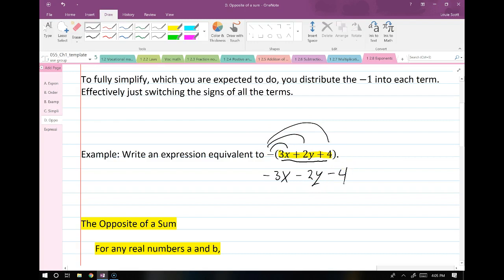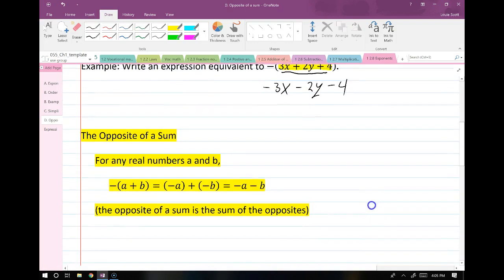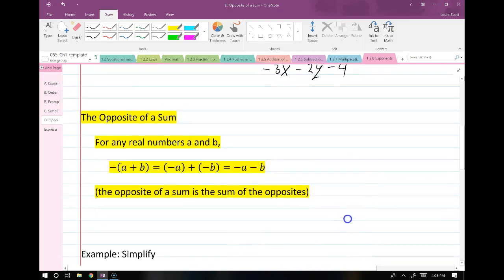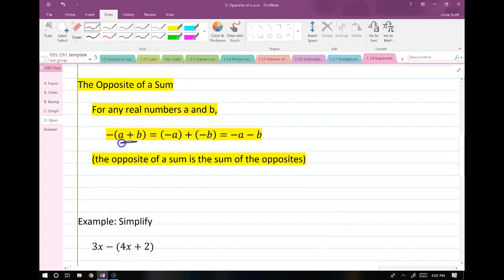Okay, so when you have a negative out in front of parentheses, change the signs of everything on the inside. All right, and that's the same thing as this official rule that just says the opposite of a sum, A plus B, is just negative A, negative B.